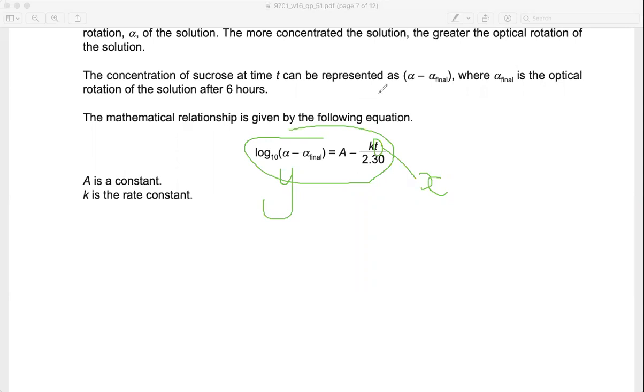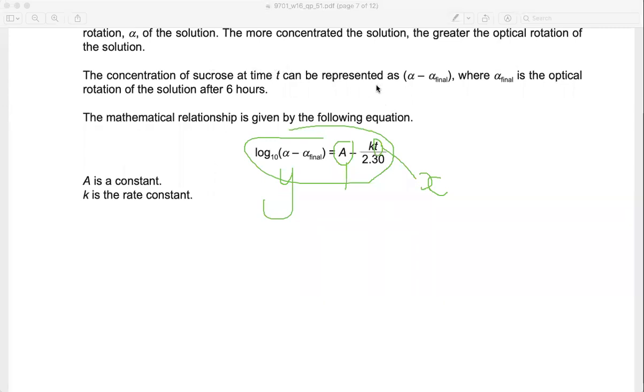That means A in this case is your y-intercept, or what we call C. Okay, I'm just gonna write down that. And that leaves you with the negative k over 2.303. Okay, so that is your gradient.